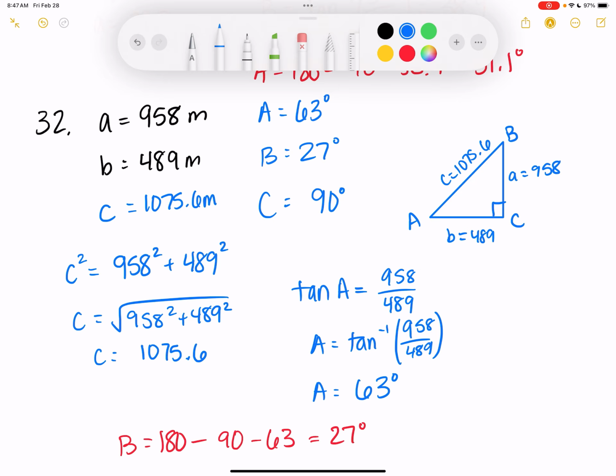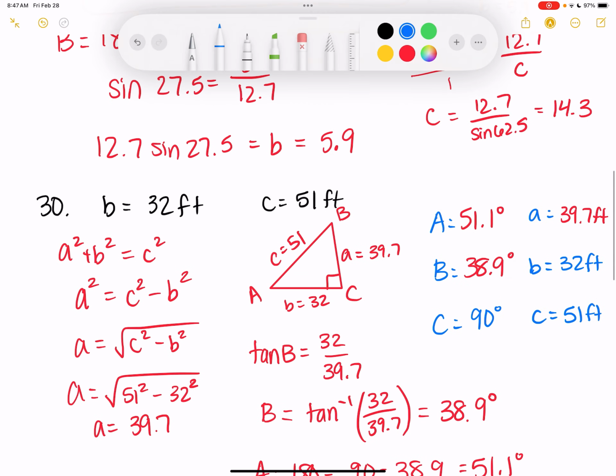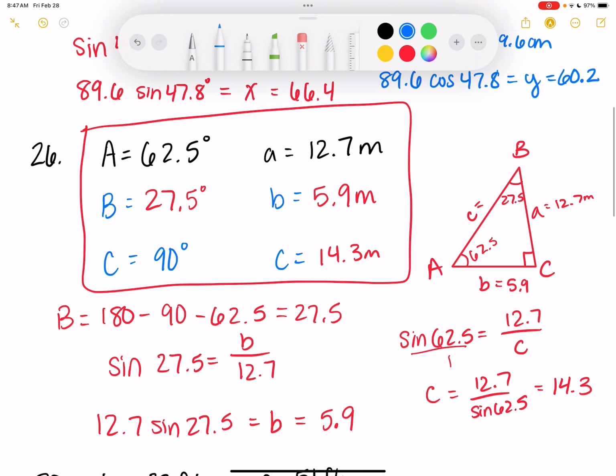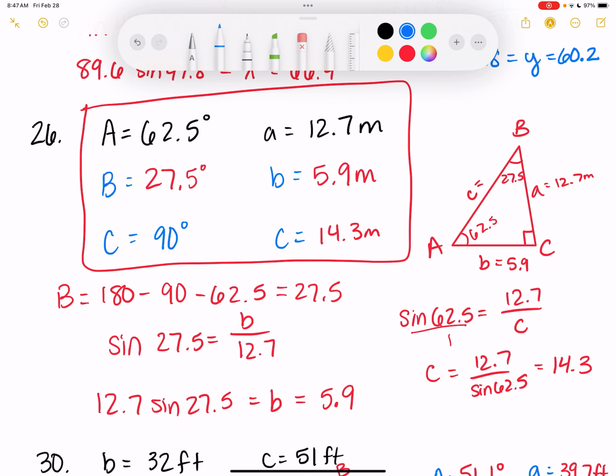Now, these ones up here, where I didn't necessarily have everything, like in this case I had angle A, I ended up solving for angle B once I did that, but I only had one side length. So with angle B, to solve for side B and side C, that's what I was solving for.